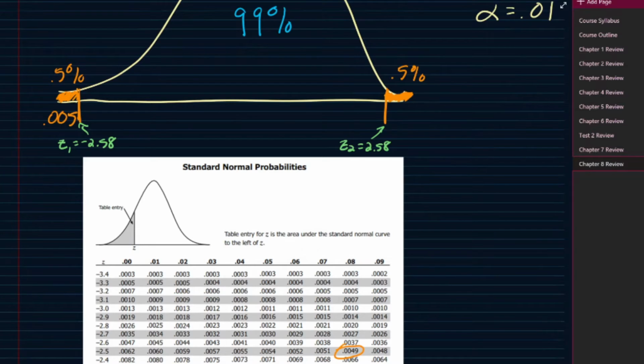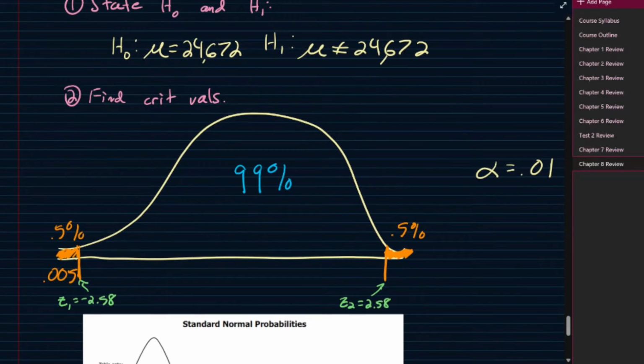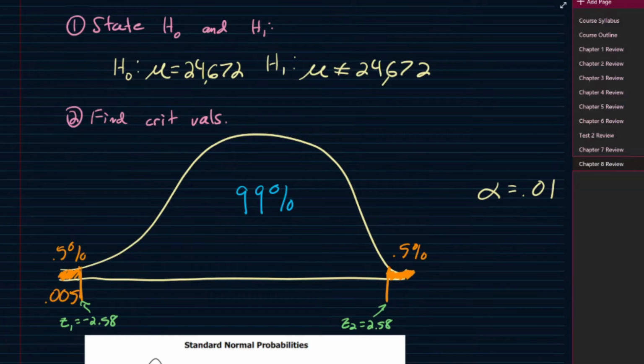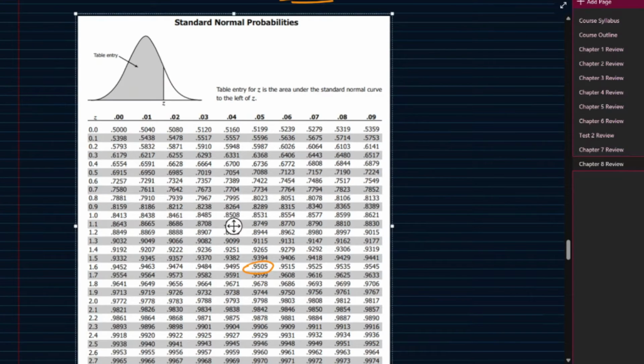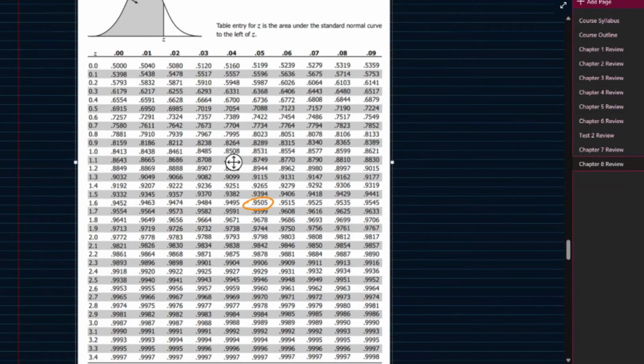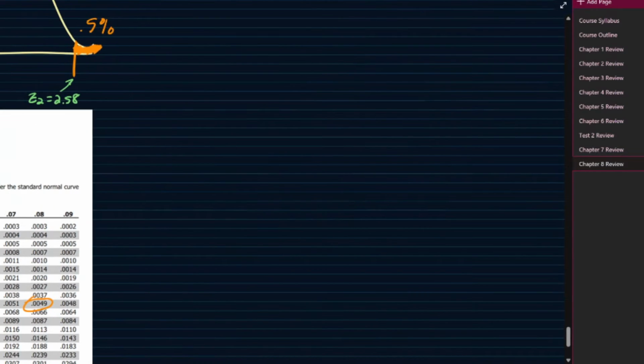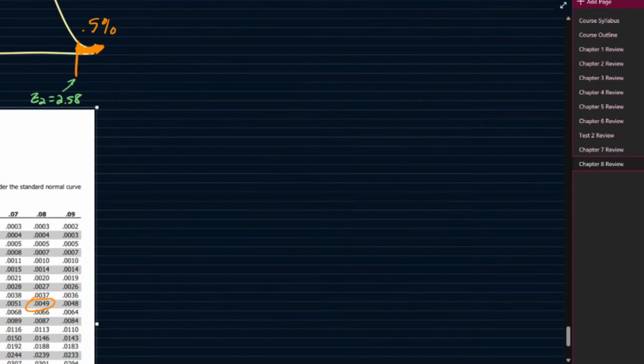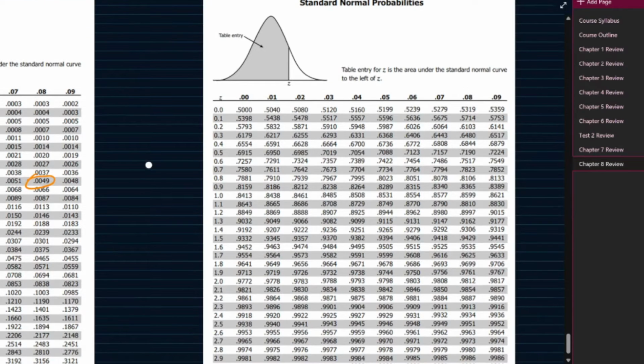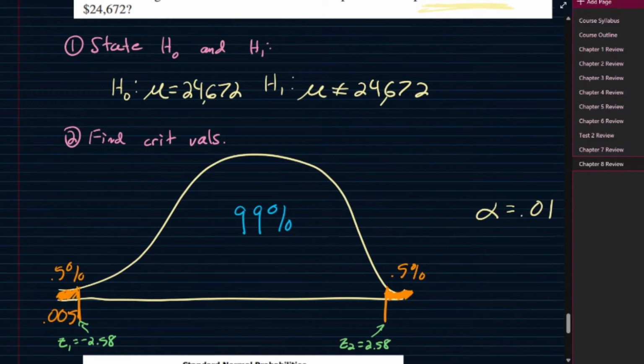So when doing a two-tailed test, just find the one on the left. The one on the right is going to be the same value, but positive. If you wanted to find it on the z-table, let me just do that as well. So for the value on the right, how much area is going to be to the left of that value? It's going to be 99.5% of the data to the left of that.